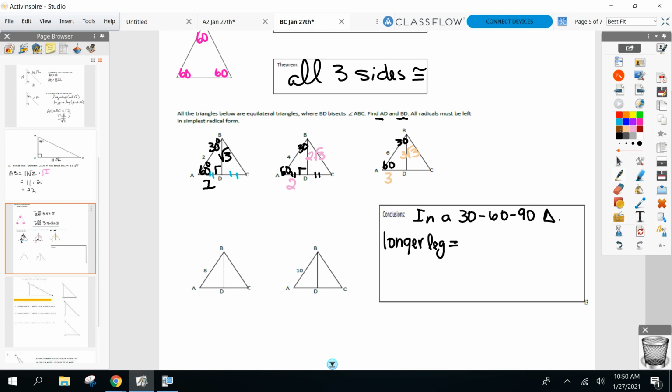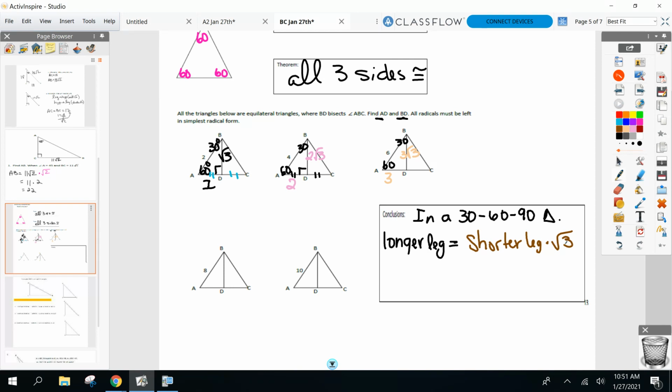Multiply the leg by radical 3. What leg, Maeve? The shorter leg. Okay, multiply, yes. Shorter leg times radical 3. Correct.